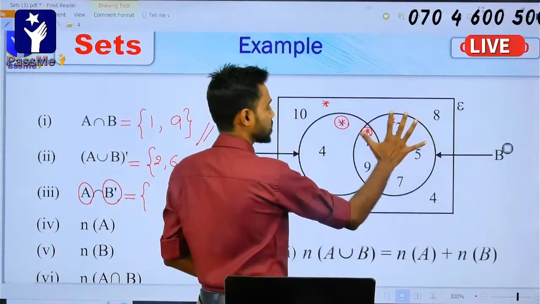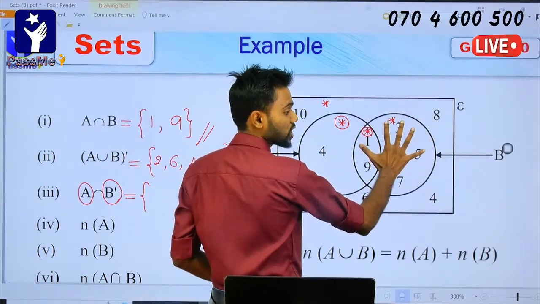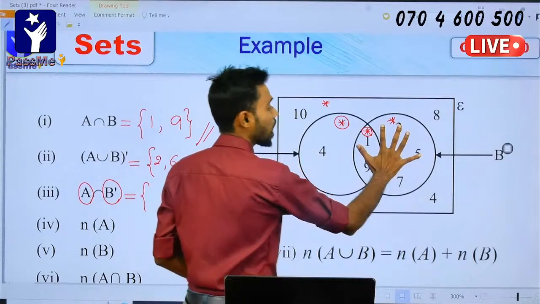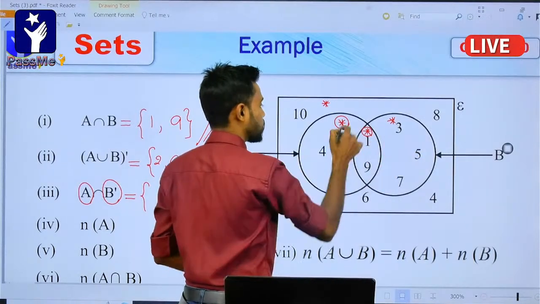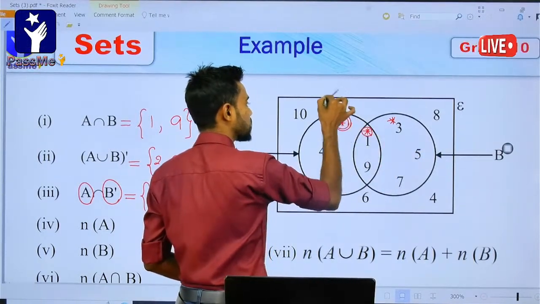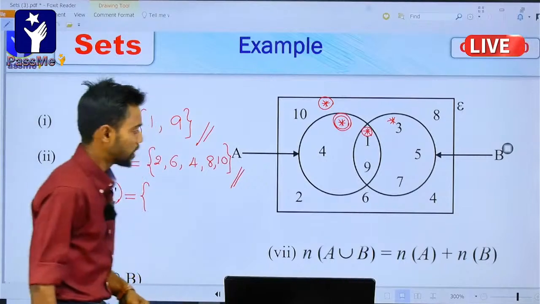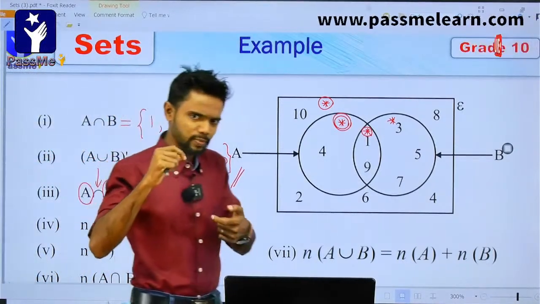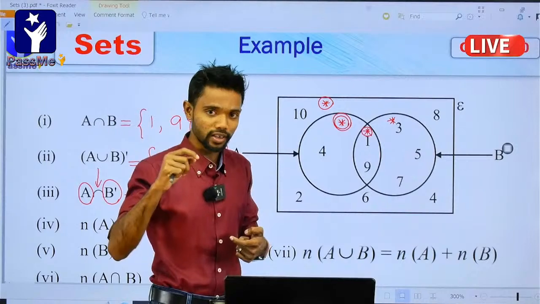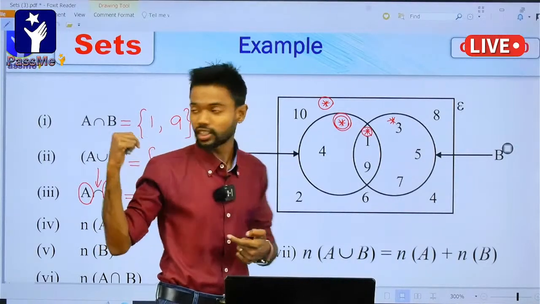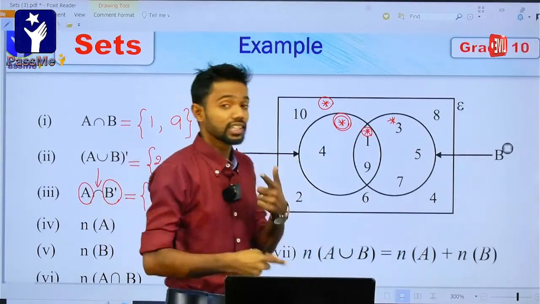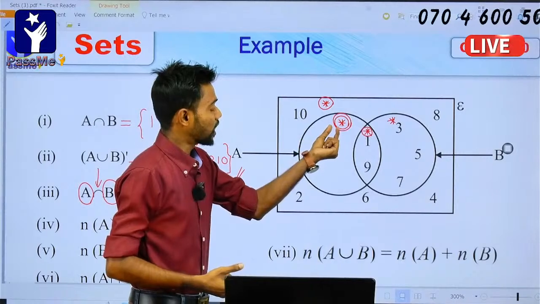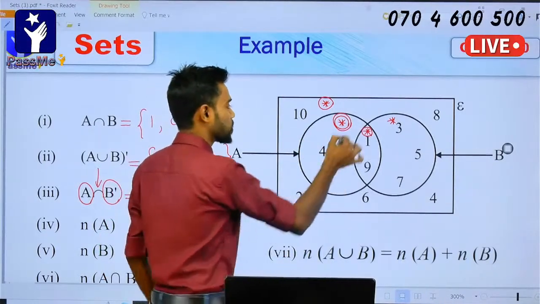Then you can look at this one, B dash. B dash means the outer region of B, this region and this region. Now look at the notation, that is intersect. Intersect means common to both A and B dash, that means this one.